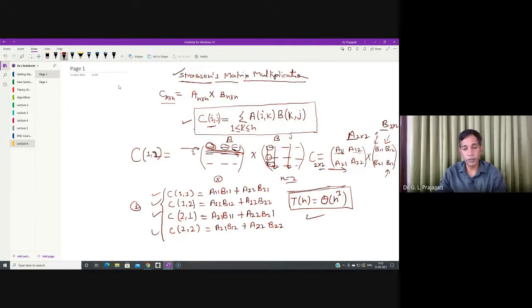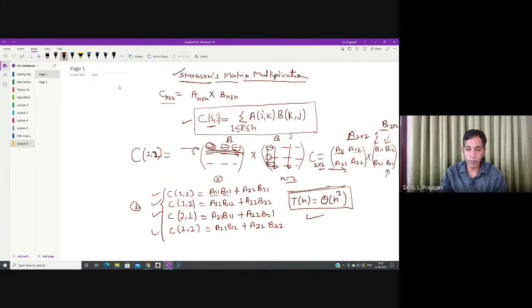Once you use this formula for a 2 by 2 matrix, A11, B11 are elements, so you are multiplying elements. Here you are multiplying two elements, and here also two elements. A12 is also an element, B22 is also an element, and you are going to multiply them. And you are also going to add two elements.